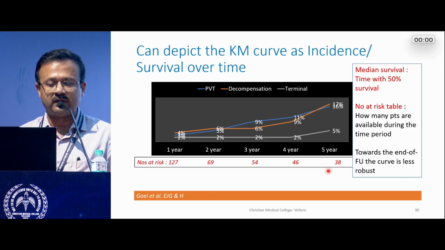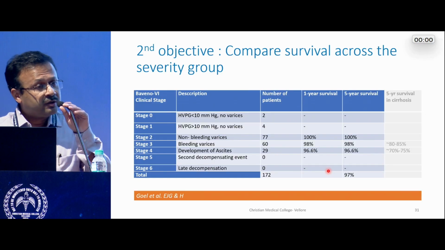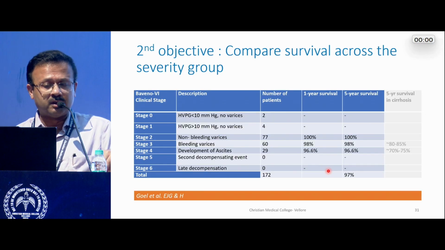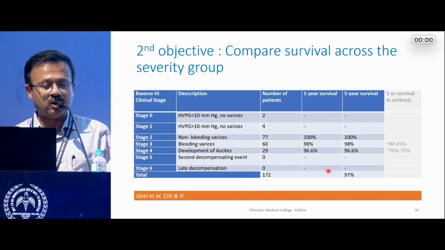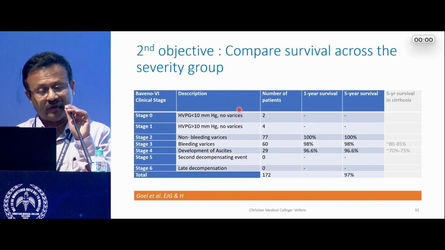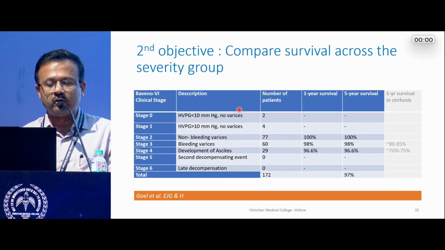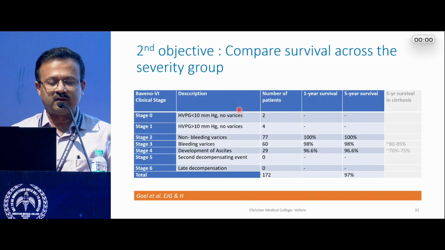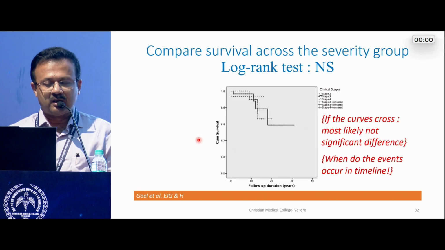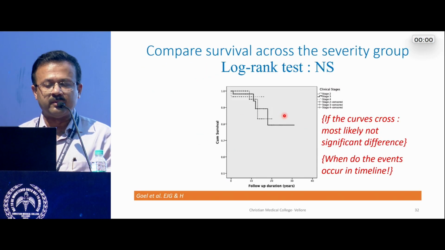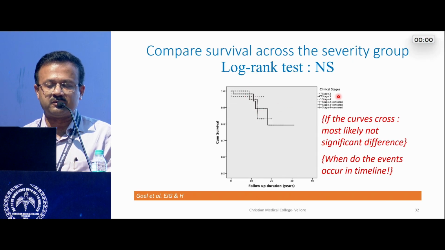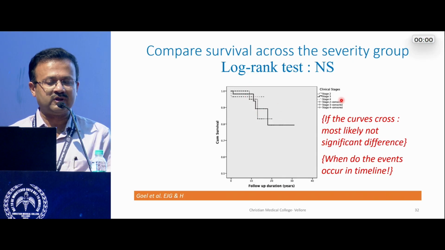The second objective was whether the staging of the cirrhosis predicts outcome in these patients with non-cirrhotic portal hypertension. We looked at 1-year and 5-year survival in various stages, and we drew a Kaplan-Meier curve for all the stages. We had only stages 2, 3, and 4, and we compared survival across the severity groups.